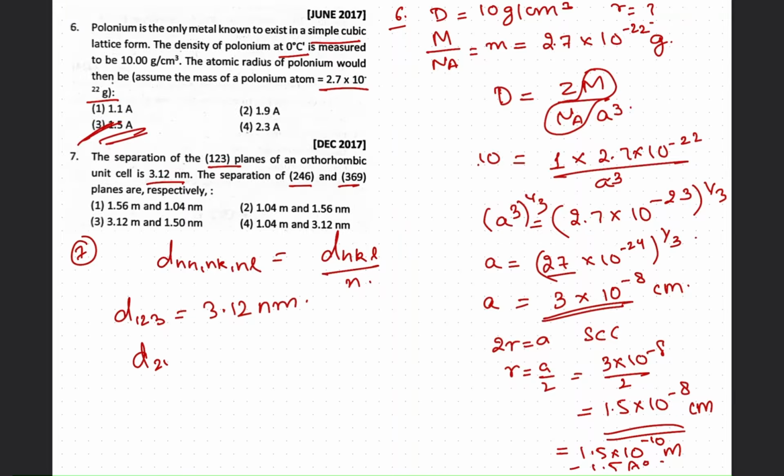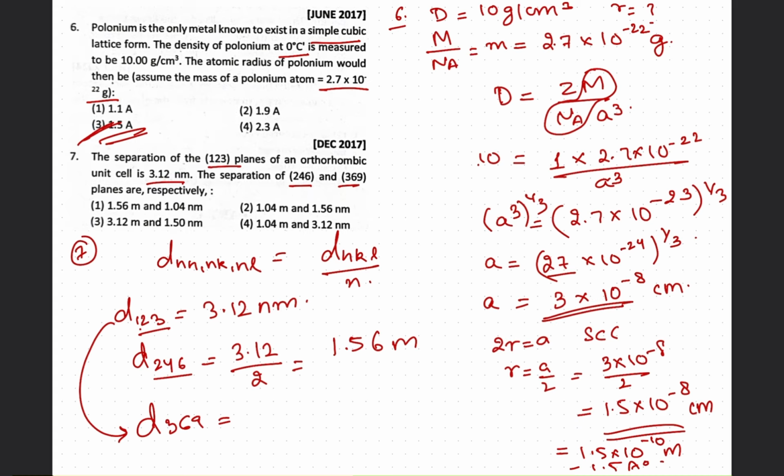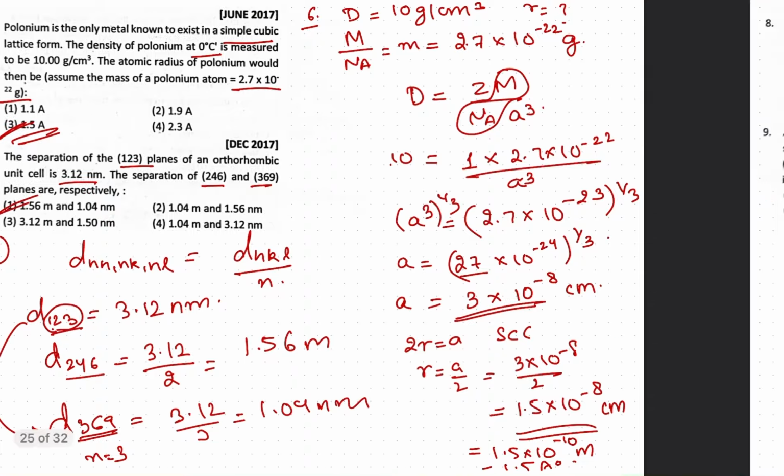For finding 2 4 6 you have to divide it by 2, since this is a multiple of 2, which will be 1.56 nanometer. For finding 3 6 9, we multiplied 1 2 3 by 3, so we'll divide it by 3, it will be 1.04 nanometer. Okay, so the correct answer will be 1.